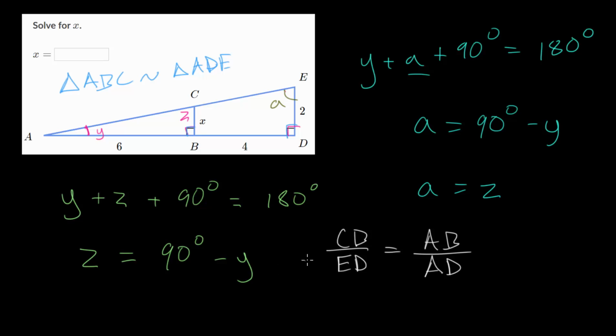And if we actually plug in some numbers here, we can do that down here. We have that CB, that is x, ED is 2, and this is equal to AB, which is 6, divided by AD, and notice AD is the sum of these two lengths here, and 6 plus 4 is 10.